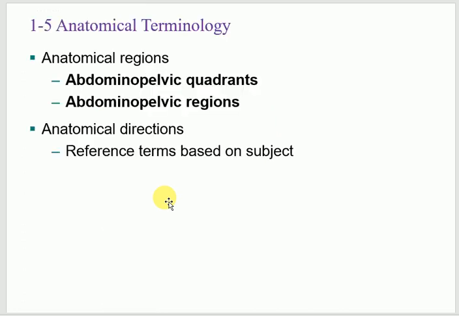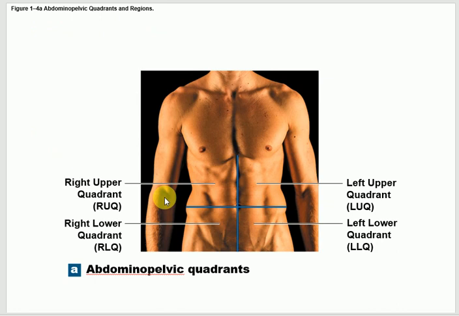Anatomical regions, we will talk about quadrants and regions. And this is starting from here. This is one of the things that I can ask you about. We are going to divide the abdominopelvic region. This is the trunk, right?